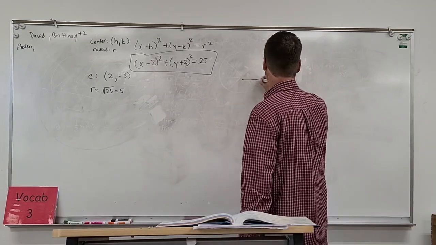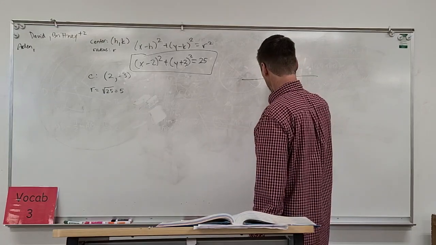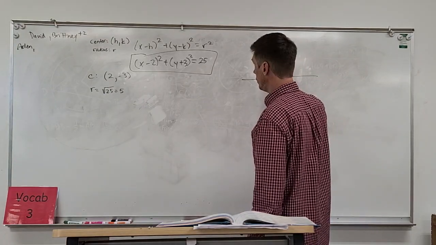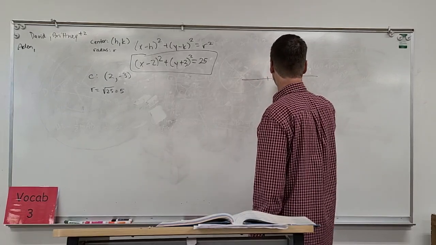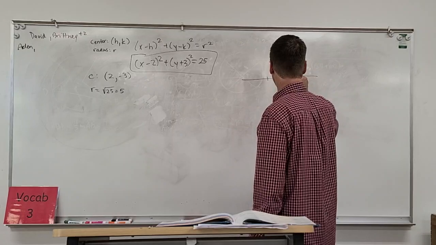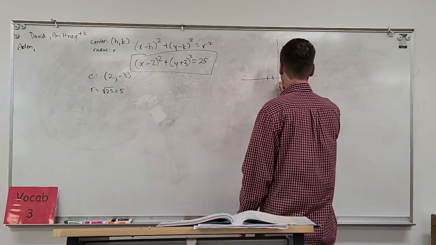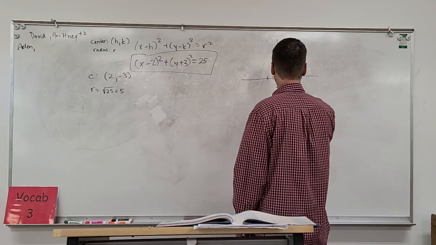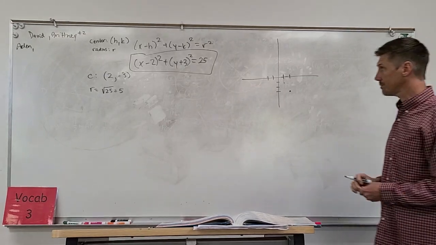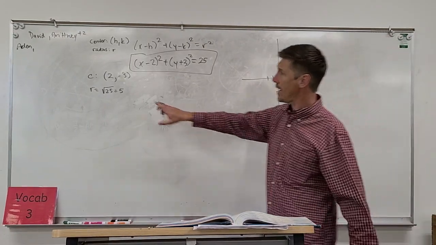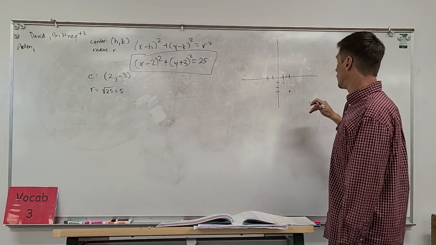If I asked you to graph a circle with this equation, you would go over positive 2 and down 3 to find the center. So we're down here for the center. That's my center point. And then I go 5 in every direction from that point, up, down, left, right, to draw the edges of the circle.